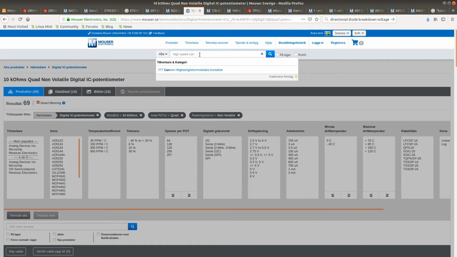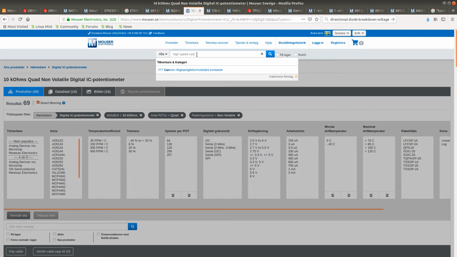For CANFD, the interface is implemented using an external controller, which then connects to a transceiver. And I want to use a transceiver that I can use for both types of interfaces, so that I don't have to add another transceiver to the BOM just because I use different chips for CANFD and normal CAN.